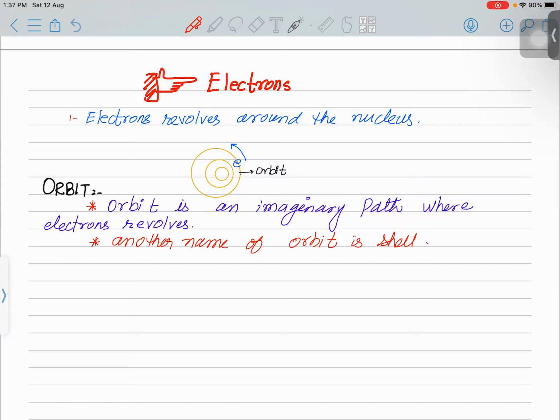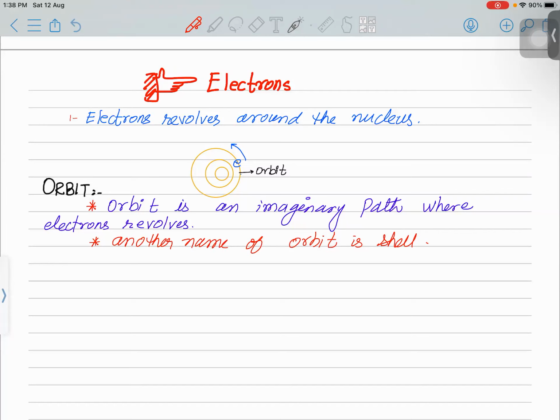Can you tell me why the name orbit, and why the name shell? Orbit means to revolve in a circular way, so that's why the name of the path is orbit. And why are the orbits called shells?